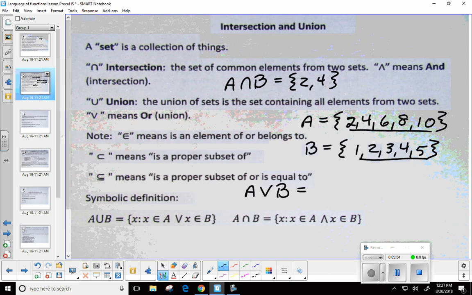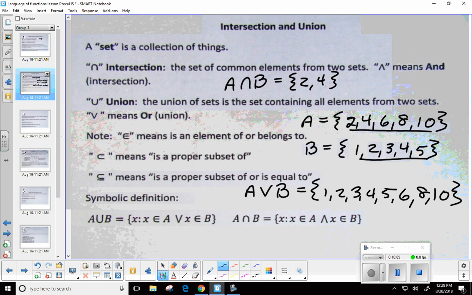Do I have to write those twice? No, I don't. So if they repeat, I don't have to worry about writing them twice. So can anybody tell me what's the union of A and B? You go. That's exactly right.